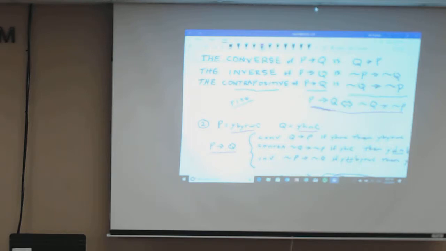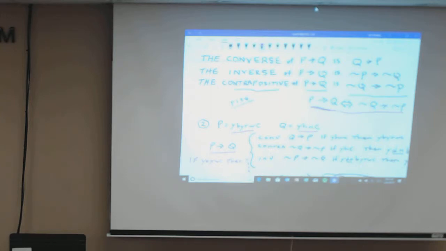If you brush your teeth with Clean, then you have no cavities. Everybody follow that? They told us what to use for P and Q, and they have if P then Q.